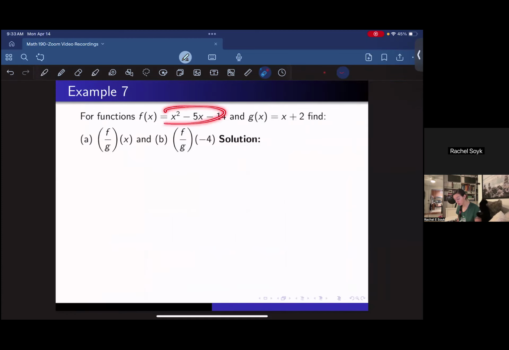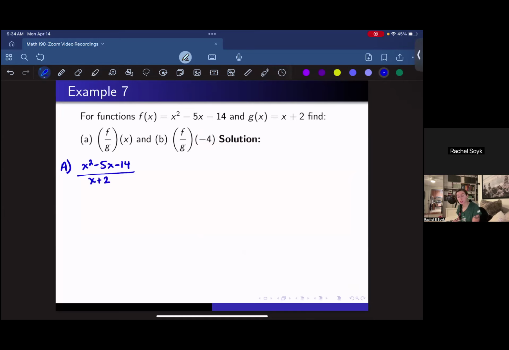So we're given these two functions, and we want to evaluate f divided by g. And then for part B, once we find this, we want to figure out, can we plug in -4 for our x value in order to get a numerical solution? So let's take care of our part A first. Let's substitute. We have x squared minus 5x minus 14, all divided by x plus 2.